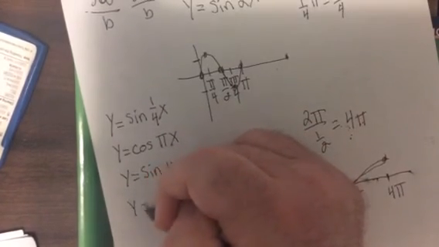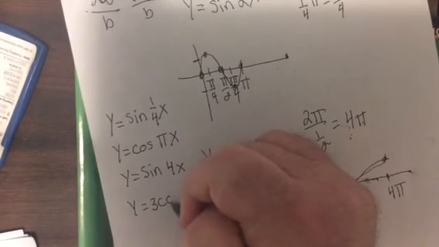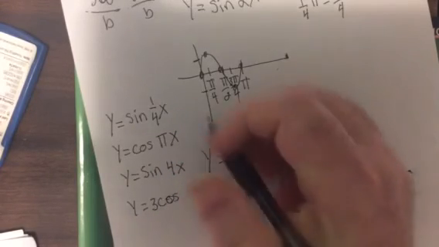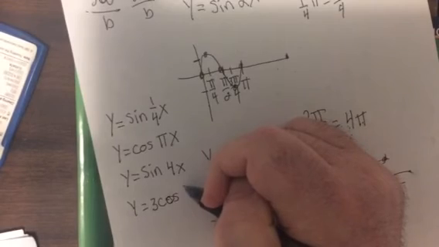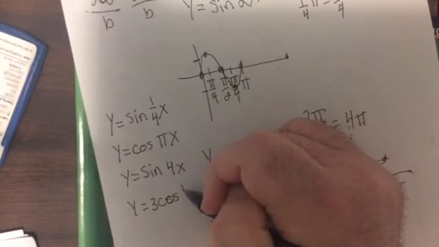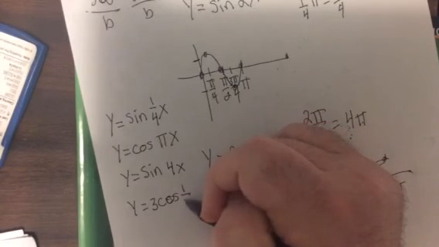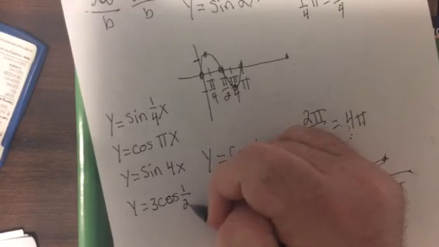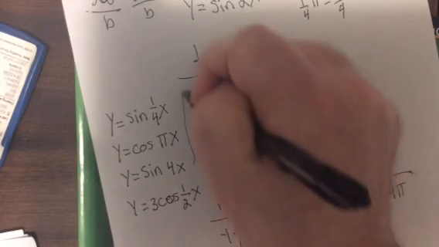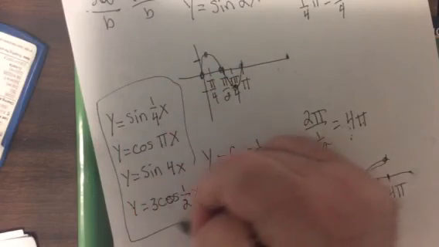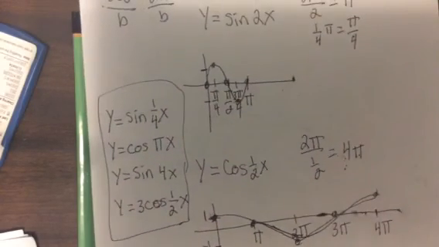And y equals 3 cosine 1/2 x, I guess. Those are not easy. I'm challenging you this weekend. So if you can do 3 of those, I'm impressed. If you can do 2, okay, but 3, I'm impressed. All 4, holy cheese in a bucket.